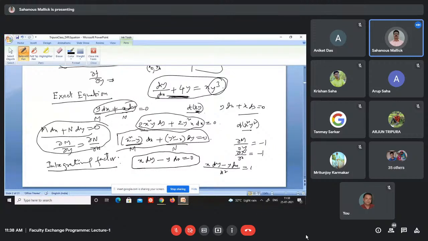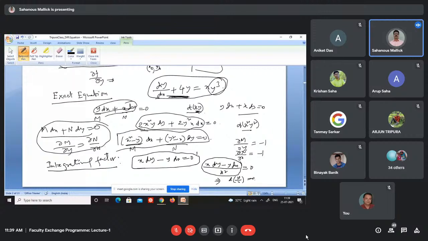Then this part is expressible in the form d of (y by x) equal to 0. So this equation reduces to exact. So here 1 by x square is an integrating factor of this equation.